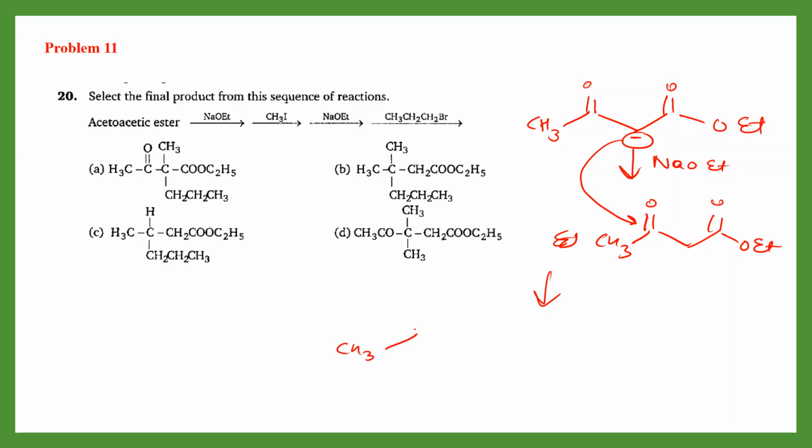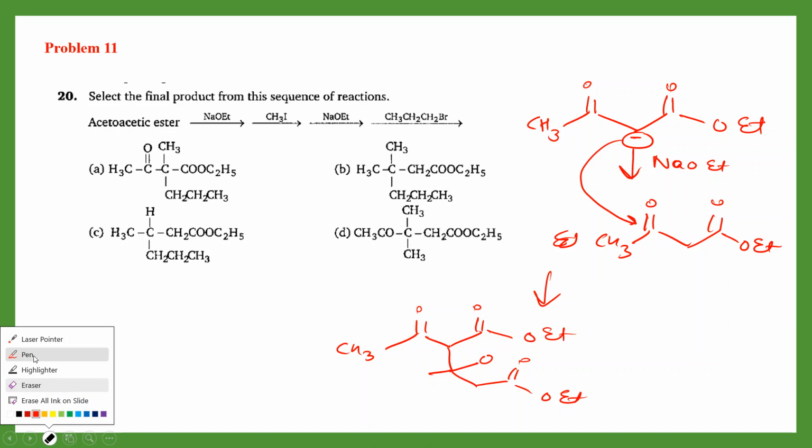So what we will get? CH3, CO, carbanion, CO2Et, O negative, CH3, CO2Et, and it will take a proton from your H plus. Correct? Since we have made a mistake here, we can protonate if in the further step nothing is given.